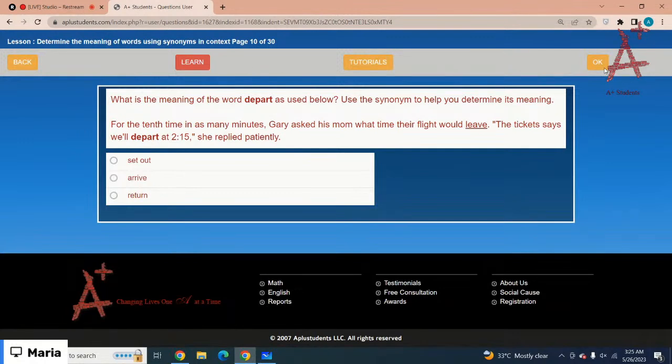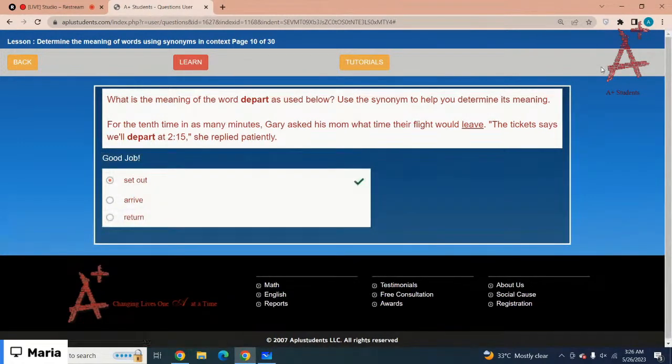Depart means set out. Let's see if it means set out. Oh, yes, that would be set out.